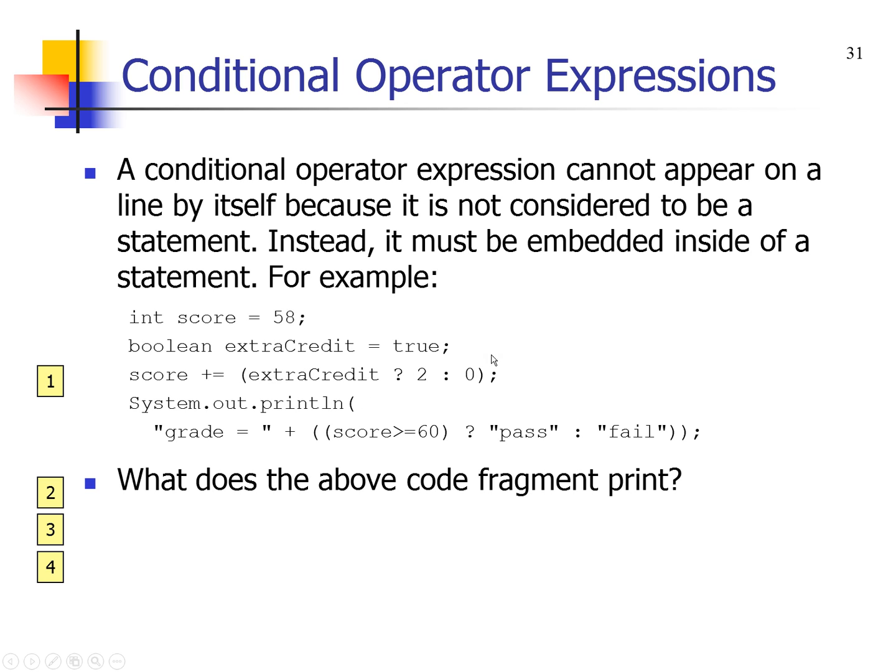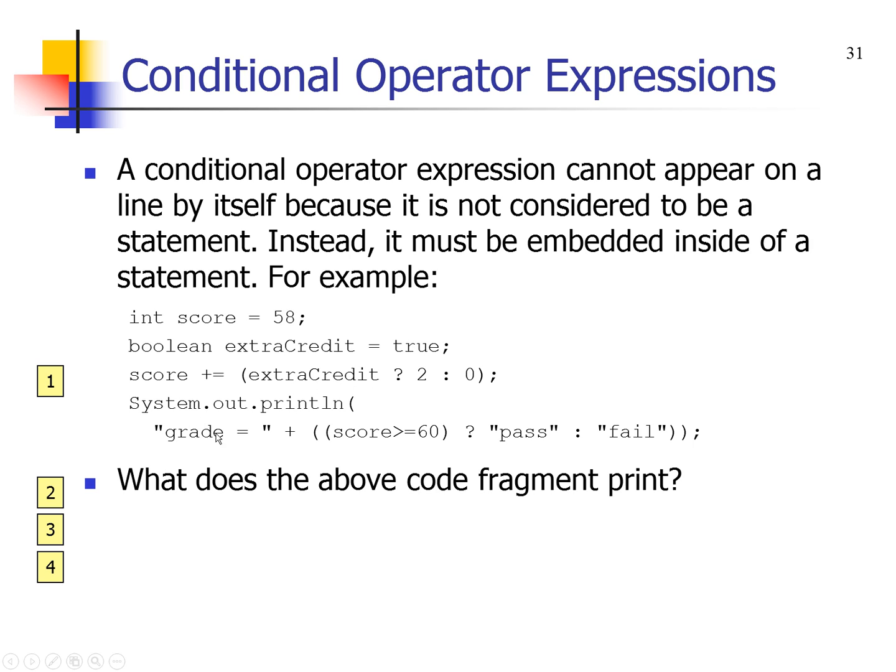So this says extra credit. Again, it's evaluating the condition, and the condition is true because extra credit is true. So we get a 2. So score equals score, which is 58, plus this evaluates to a 2 because that's true. So score is now equal to 60.